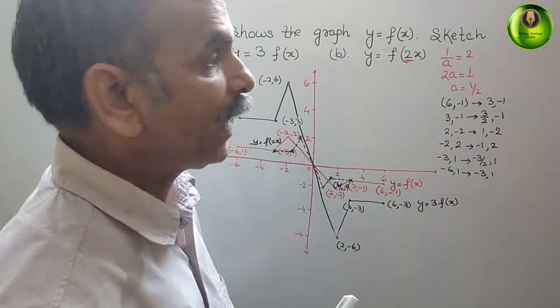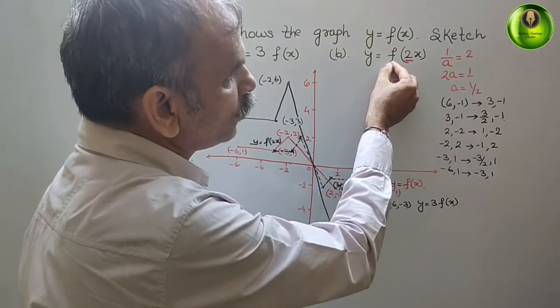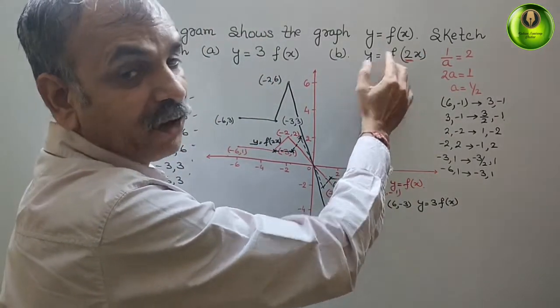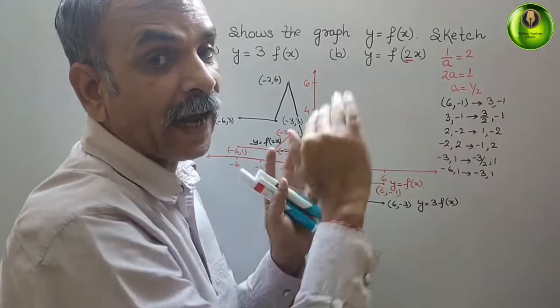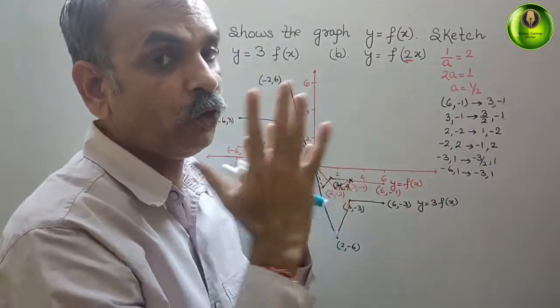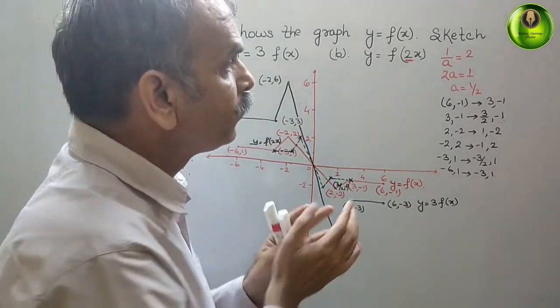Just keep in mind, whenever they give you a number in front of f(x), that means we have to multiply the full y coordinate by it.